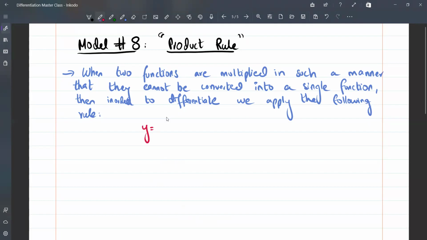Let's say we have two functions, ax plus b and cx plus d, in such a manner that they cannot be converted into a single function.